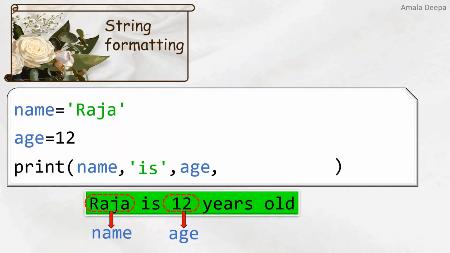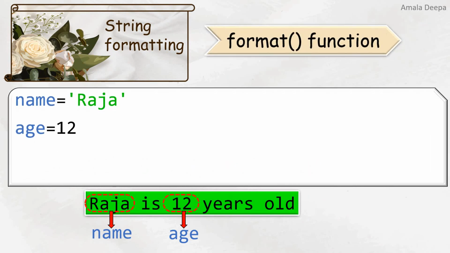And then at last you give the string years old. So name, comma, is, comma, age, comma, years old. So this is the normal syntax of a print function. Print, variable, comma, string, comma, variable, comma, string. Next, I will show you how to get the same output by using the format function.